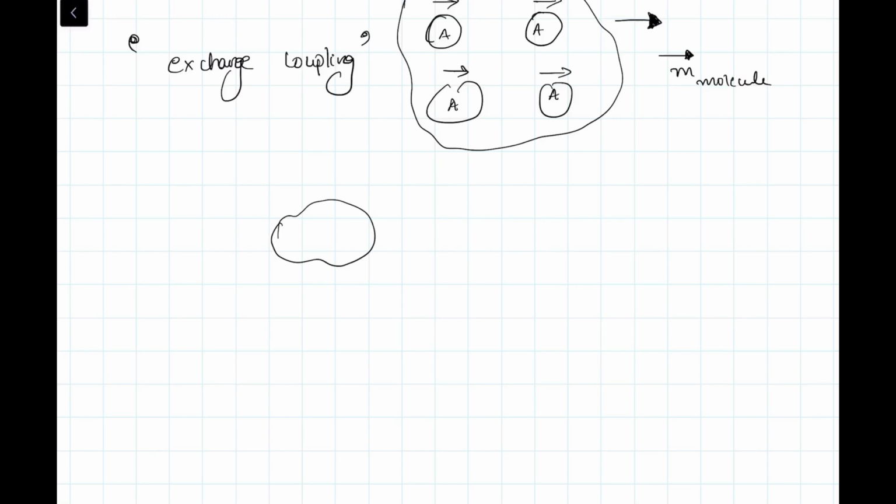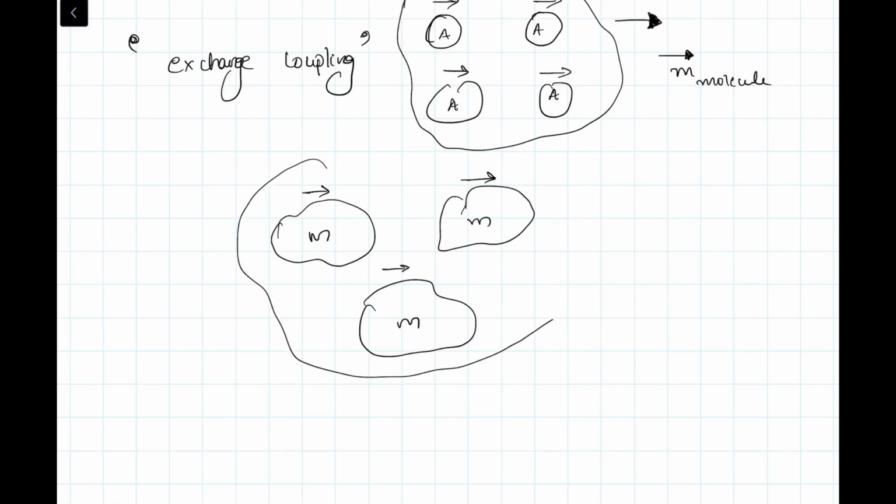Such molecules, when they come together with their dipole moment in one particular direction, such a region of molecules arranged in a particular direction with its magnetic moment, we can call that region a single domain. Now this domain is getting a magnetic moment. So now we can say a domain is having a particular magnetic moment in a direction.